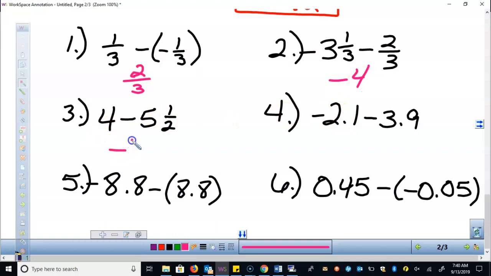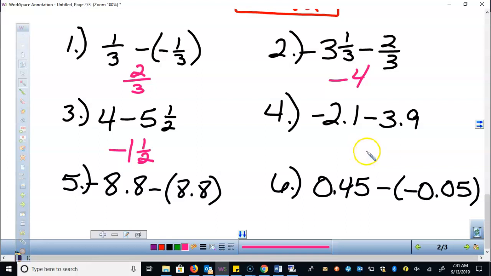Number 3, we got -1/2. In this one, we had to subtract the absolute values because we end up with different signs. So make sure you're subtracting because they're different signs and we have more negatives here than we have positives.